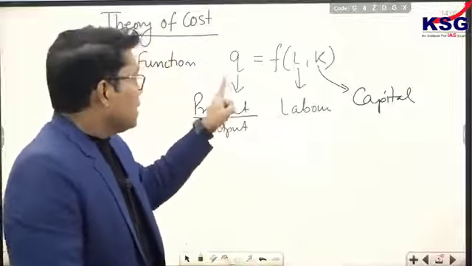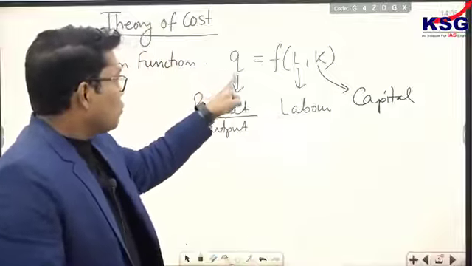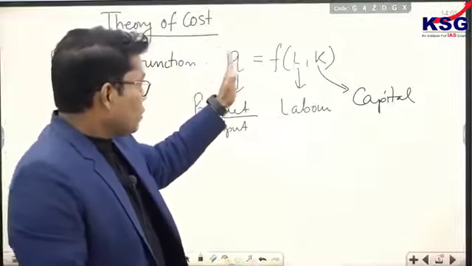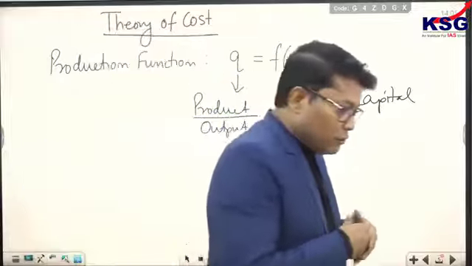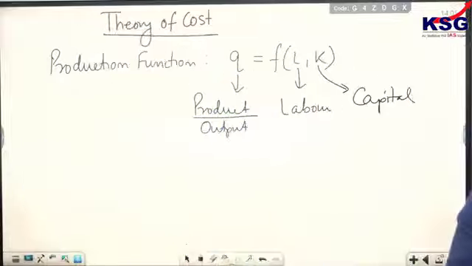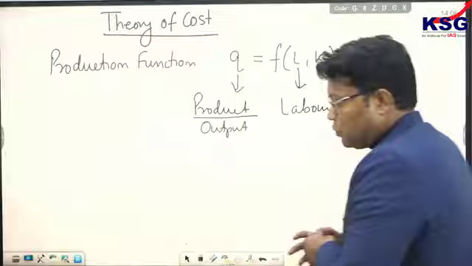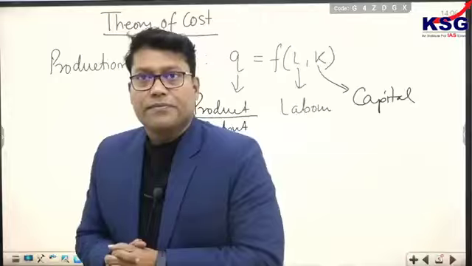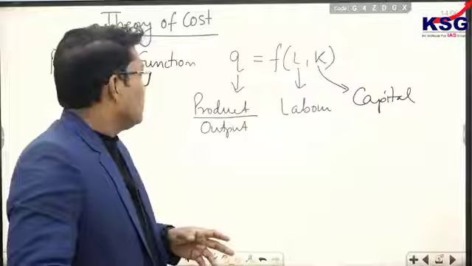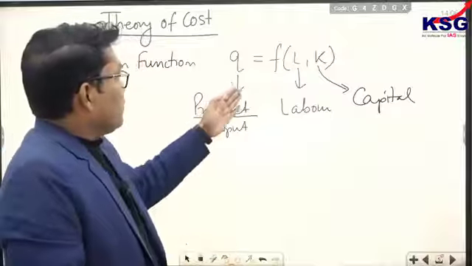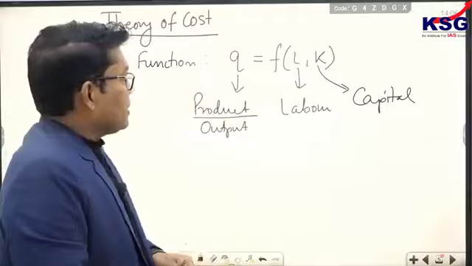It means output is a function of labor and capital. If we want to produce anything in the economy, we have to use both labor and capital at the same time.